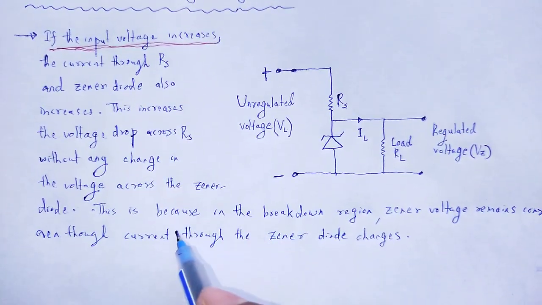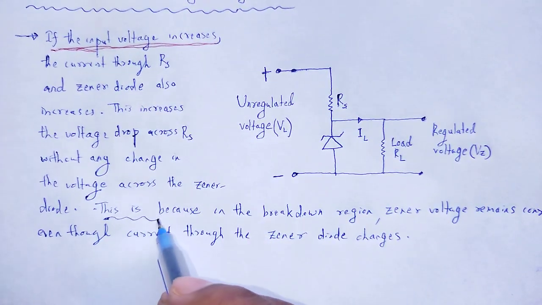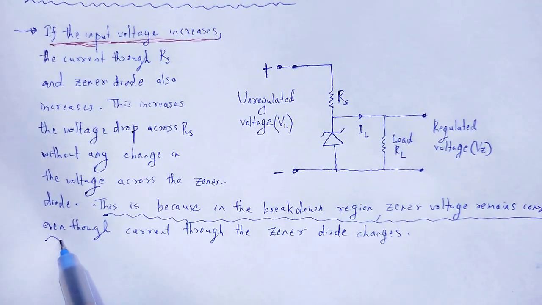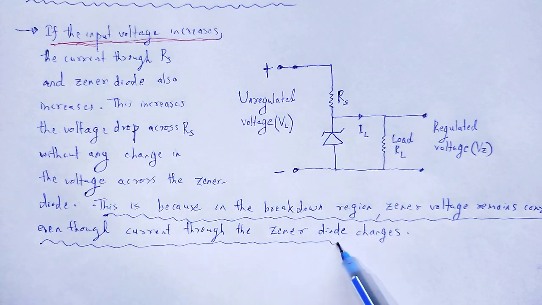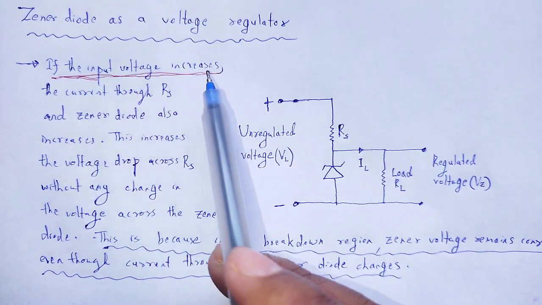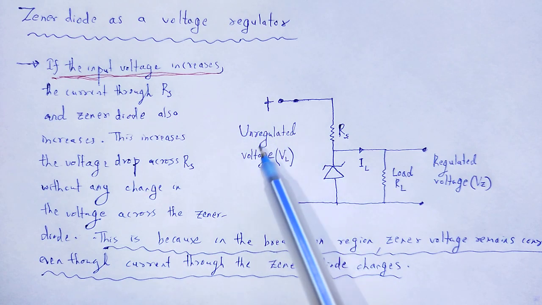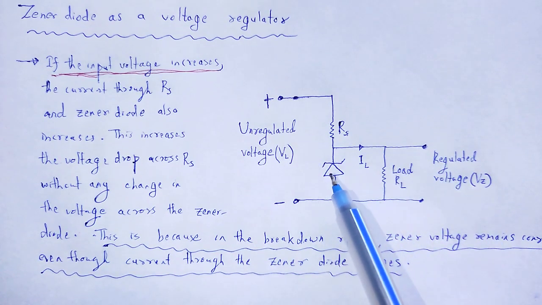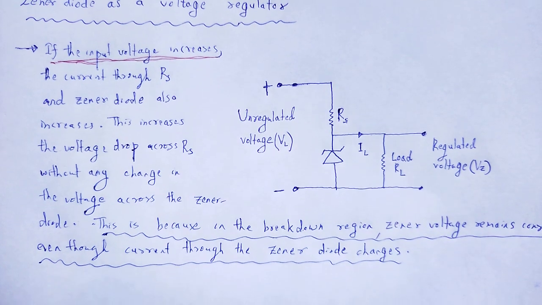So, that is the cause. That is why, as we input the unregulated voltage, it is also regulated by using the Zener diode.